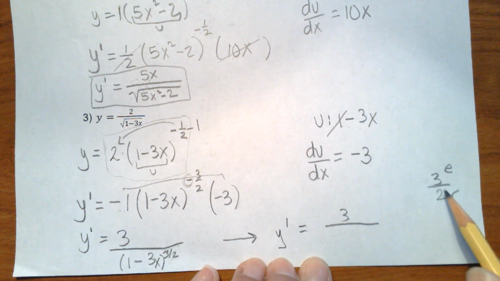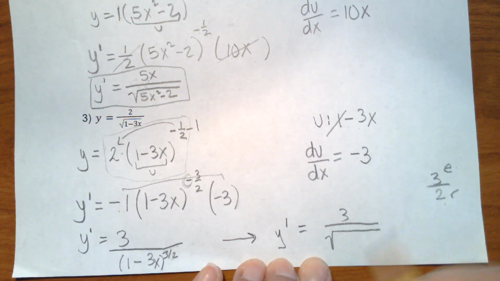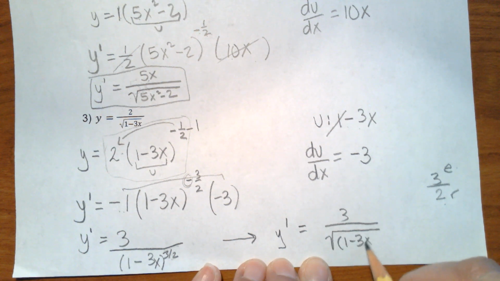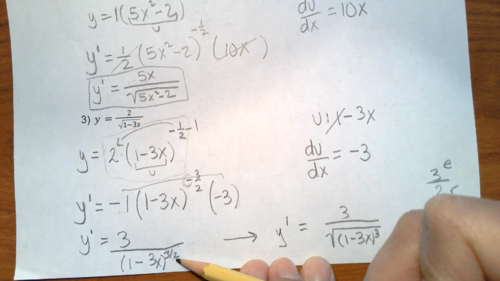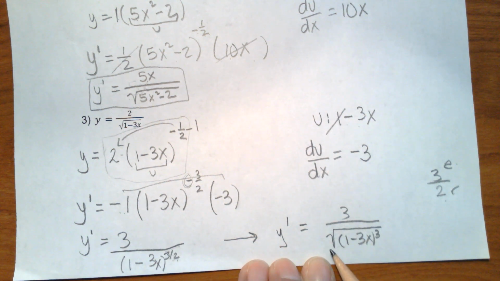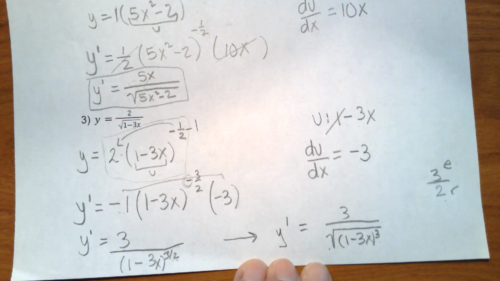The root is 2, so that's a square root, and the exponent is 3, so 1 minus 3x to the 3rd power. If you didn't want this fraction as the exponent, it would turn into a square root, and this would be raised to the 3rd power. Either way, I will take in this course either one that you want to do.